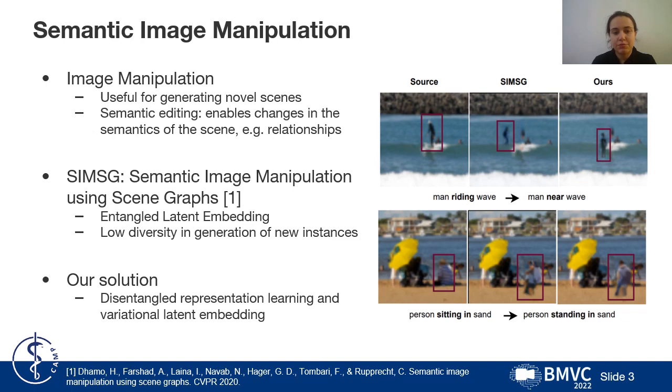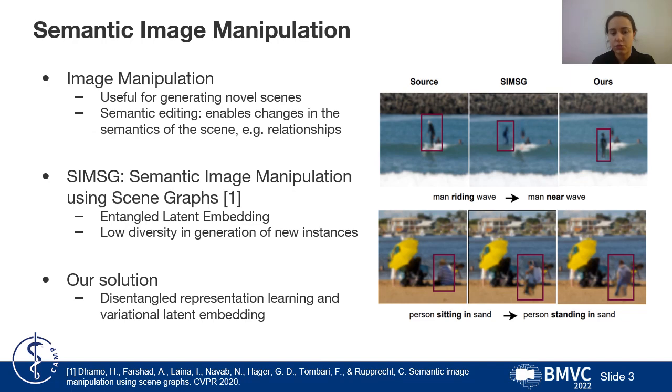SEMSG, or semantic image manipulation using scene graphs, was proposed recently for the semantic image manipulation task, but this work has some limitations. SEMSG learns entangled latent embeddings, which can cause problems in the generation of the new object instance and preserving the object features and the appearance of the object when doing specific changes such as relationship changes.